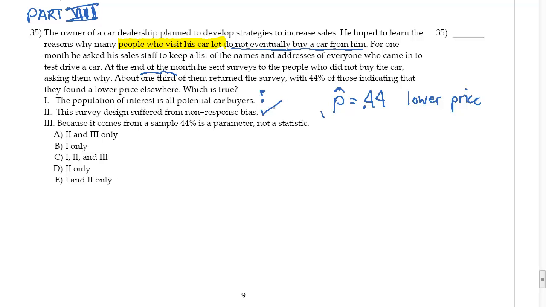This is certainly going to be true. It wasn't really random. Okay, these people self-selected. And because it comes from a sample, 44% is a parameter, not a statistic. No, if it comes from a sample, it is a statistic, so this one's going to be false.